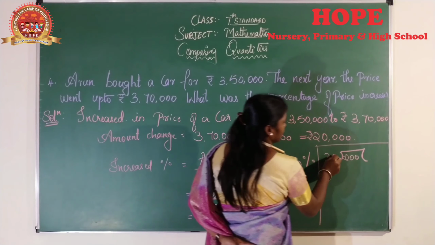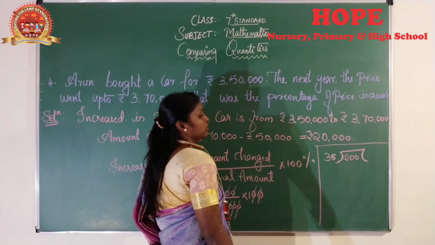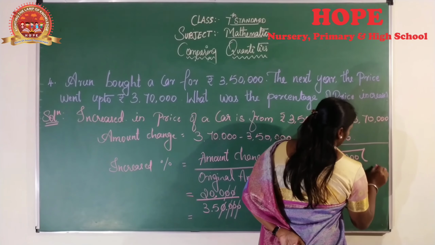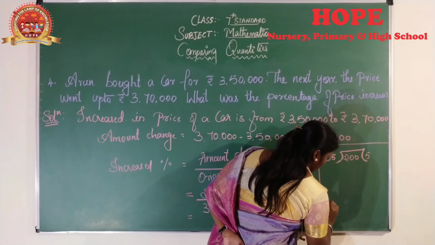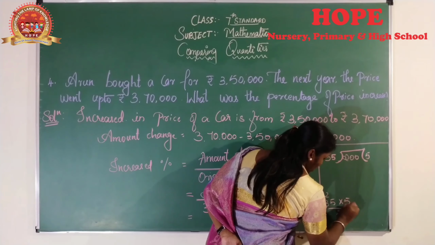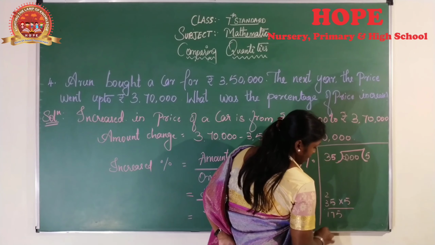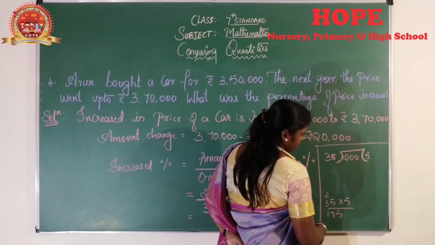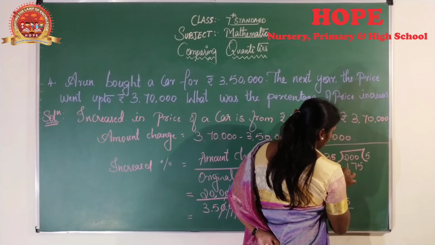So if you take 35 5s are, 5 5s are 25, 5 3s are 15, plus 2 is nothing but 17. So it is 175. So 35 5s are 175.